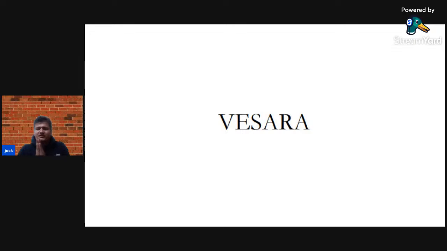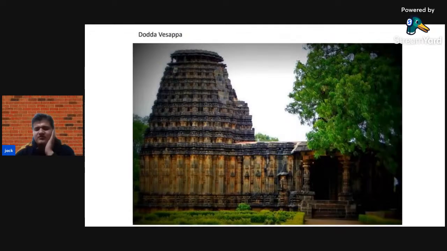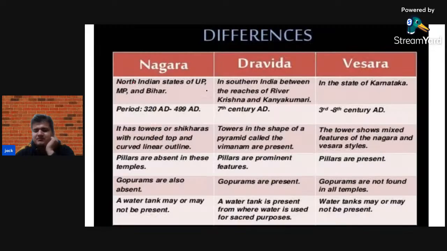And this is known as the Vesara style architecture. Let us discuss the Vesara style. In this temple, we can see some features of the Nagar style and also the Dravidian style, like the flat roof mandap, and the entrance is very different from the Dravidian style architecture.